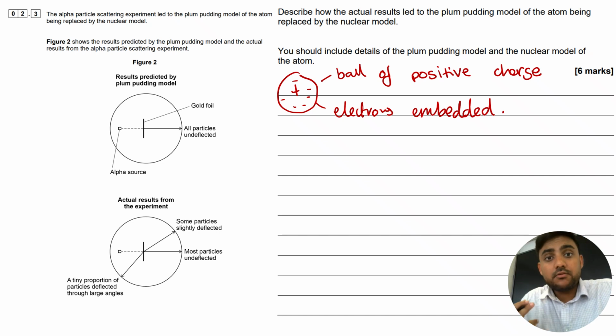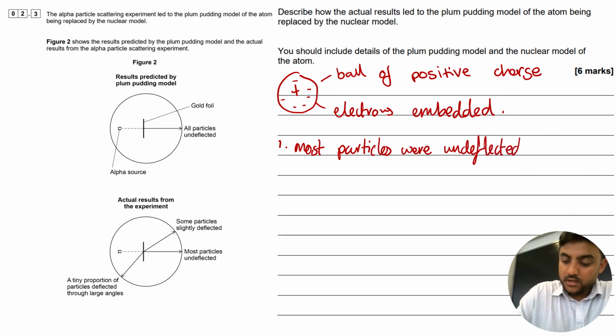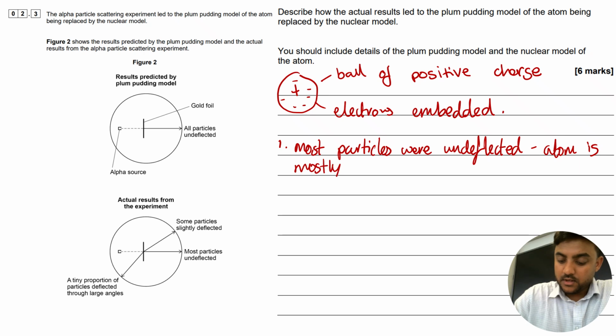Then, what did Rutherford's alpha scattering experiment show? First thing that it did was, most particles were undeflected, showing atom is mostly empty space.